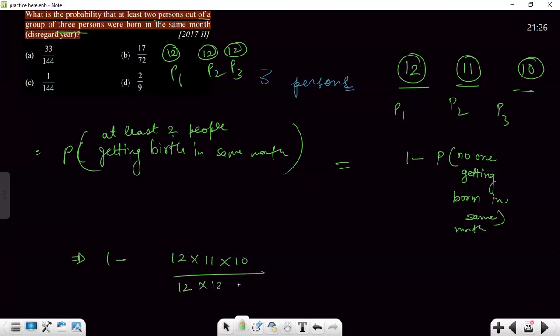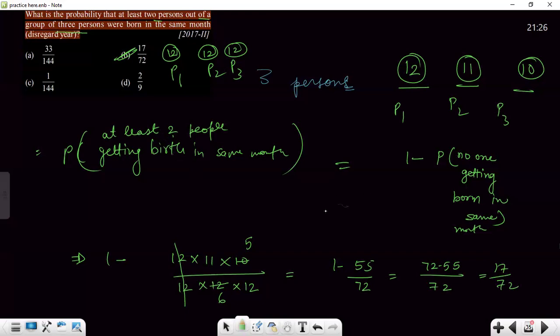So 12 into 12 into 12 are the total number of outcomes, and these are the favorable outcomes. 12 cancels 12, 10 by 2 is 5, 12 by 2 is 6. So 1 minus 55 by 72, which is 72 minus 55, which gives 17. So 17 by 72. Any doubts? No, sir.